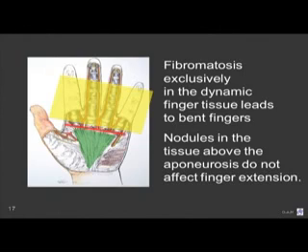Dupuytren's tissue shows a specific topographical quality. Fibromatosis exclusively in the dynamic finger tissue leads to bent fingers. Nodules in the tissue above the aponeurosis don't affect finger extension. The borderline is at the level of the transverse creases.